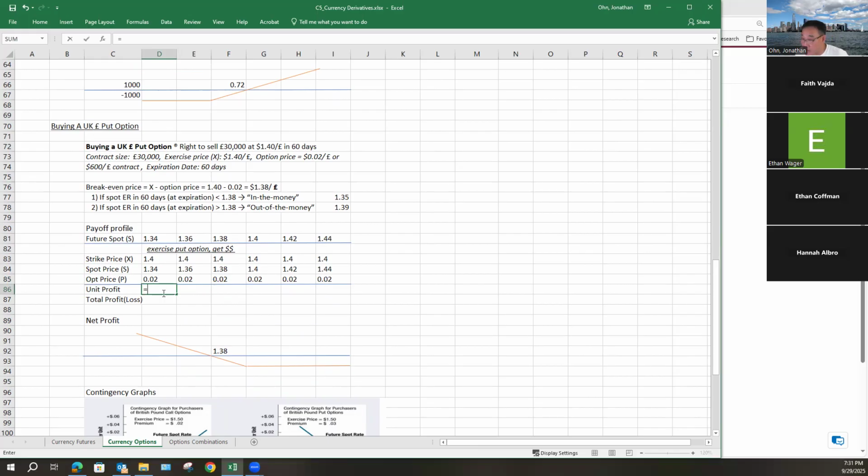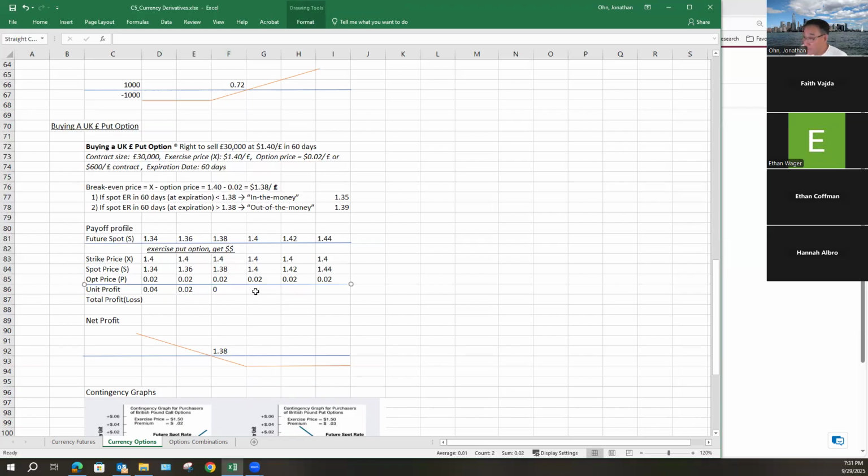So your net profit is this one minus this one minus this one here. You get the 4 cents profit, right? And if you do the same thing for this one here, this is the case when you exercise your put option, so you get this profit.